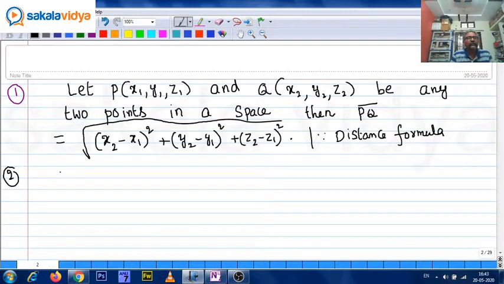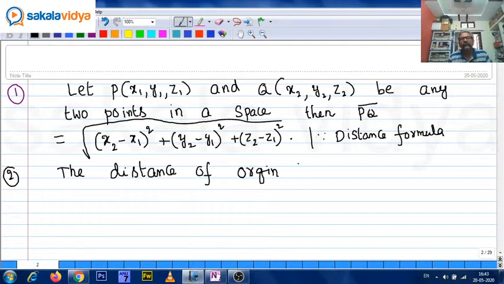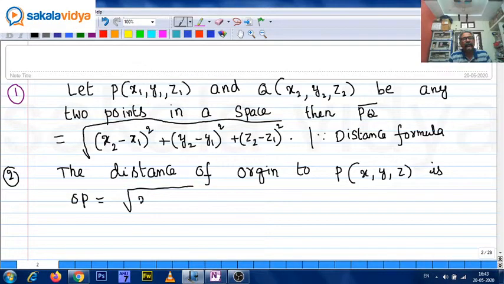Next, the distance from origin to P of x comma y comma z is OP equals to root of, that will be x square plus y square plus z square.